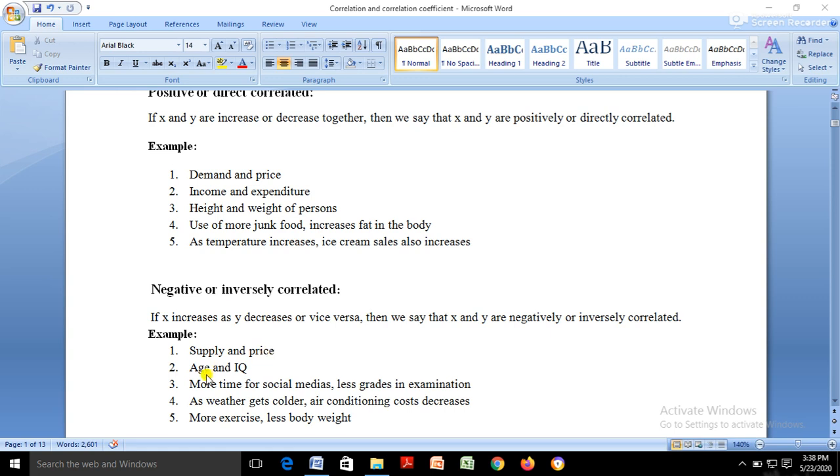Age and IQ. More time on social media, less grade in an examination. So you know, if you spend more time on social media, then you get fewer marks in the exam. As weather gets colder, air conditioning cost decreases. More exercise, less body weight. So this is a negative correlation.